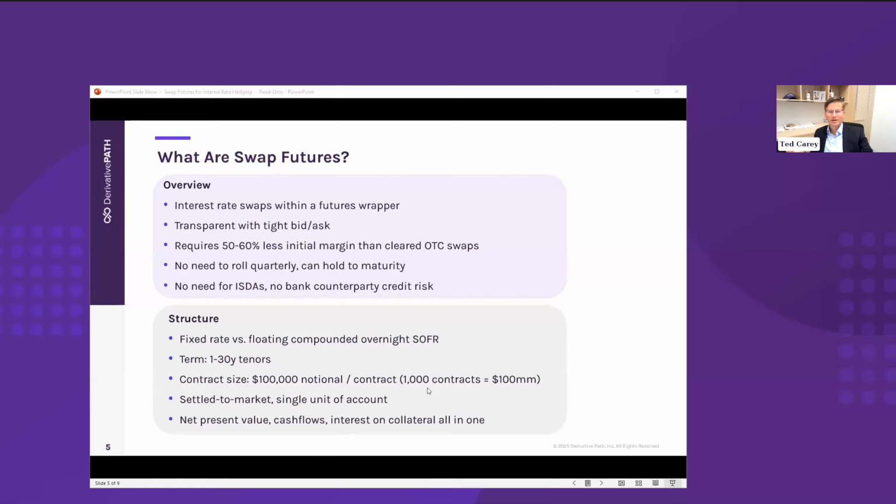A couple other aspects related to that is the fact that futures contracts don't require individual ISDA agreements and bilateral dealer relationships. Anybody with a futures account can readily trade these. And more generally, they don't come with bank counterparty credit risk. CME is the central counterparty to every trade, the buyer to every seller, and the seller to every buyer. So we manage the counterparty credit risk centrally.